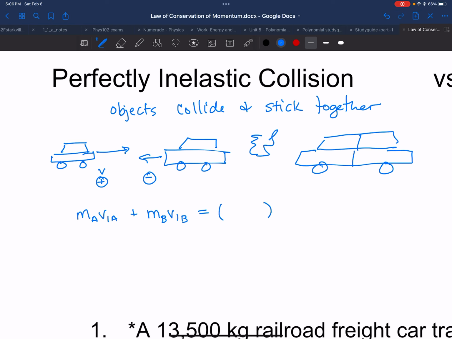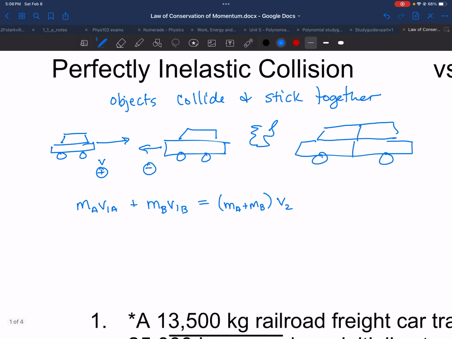Both masses are moving at the same rate. So I'm just going to add both of those masses and we have one single velocity because they are together. So this would be colliding and sticking together. A lot of the equations that we're going to be using in our example problems today are going to use that equation.